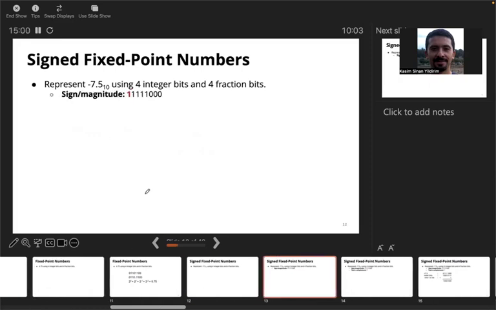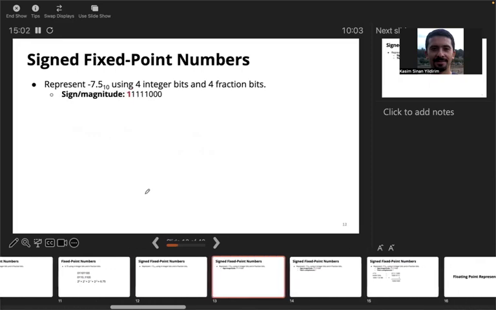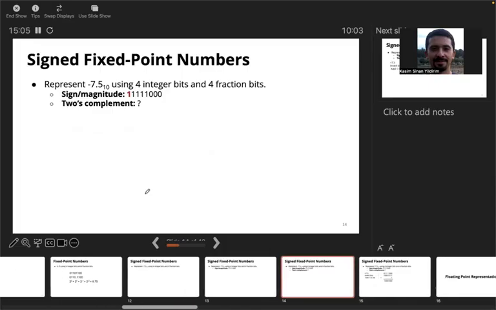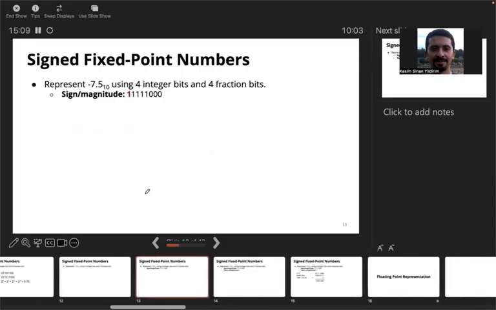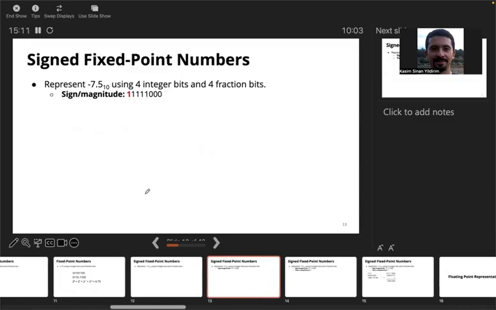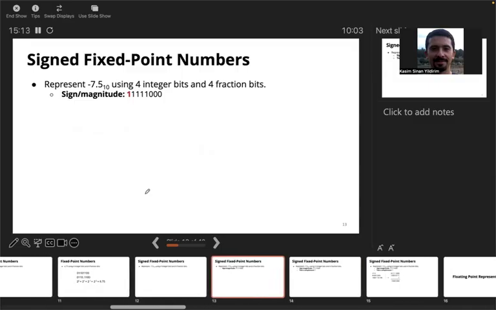In this case, we can dedicate again the leftmost bit, the most significant bit, as the sign bit. We can do it basically.